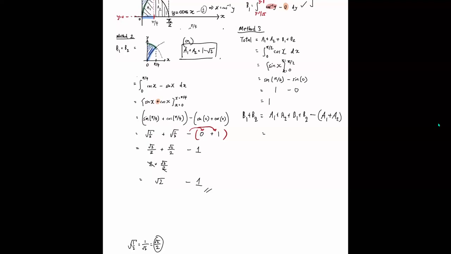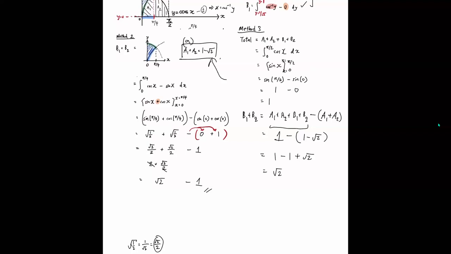I purposely wrote it like this because this part here is the same as that part there, which means it's really just equal to 1. So we end up with 1, the total area, minus away the answer from part A over here, 1 minus root 2.